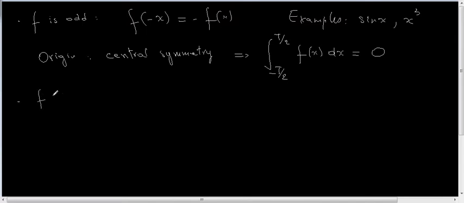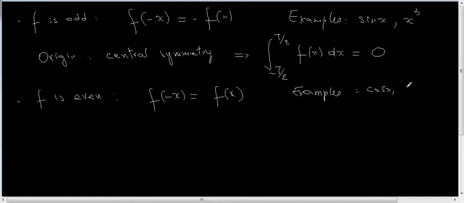Now, for an even function, f of minus x will be the same as f of x. Examples of even functions: cosine x, x squared, x to the 4, and so on. For an even function, the y-axis will be a symmetry.